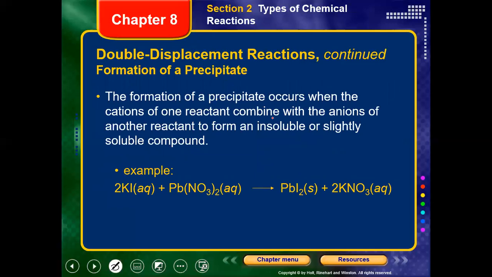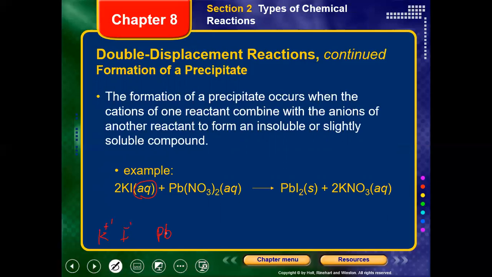For example, potassium iodide plus lead nitrate, both of them dissolving in water. How can we solve this example? You have to write down the charge of each element. K is positive 1, iodine is negative 1. When they dissolve in water, they will form soluble ions. Lead has different oxidation numbers.